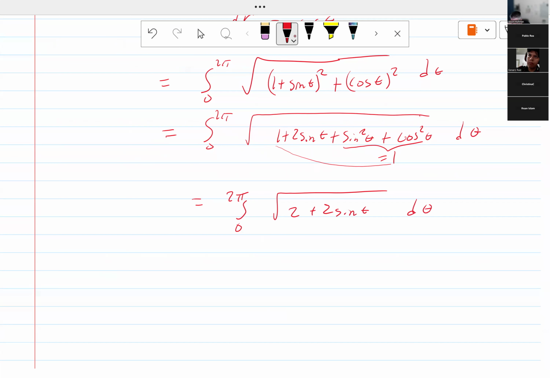At this point I would be like, okay, let's just grab our calculator. You could grab your calculator at this point and plug that in, and it should give you an exact answer. Does it give you an exact answer?